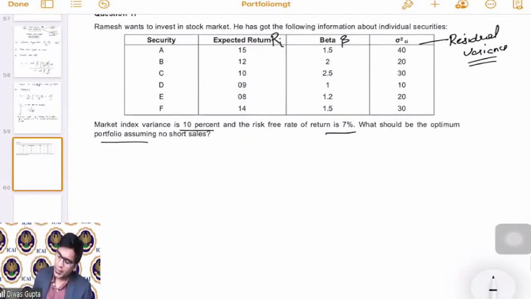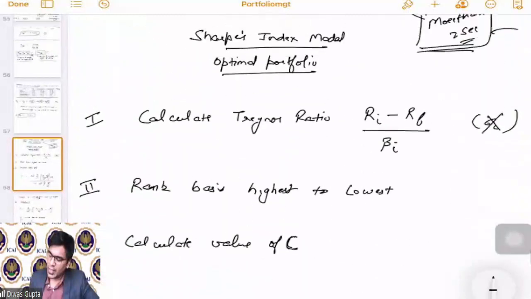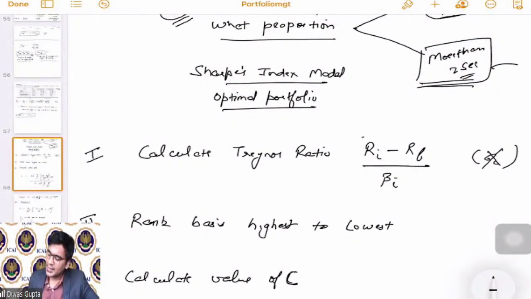So for more than two securities, we will apply the Sharpe's index model to calculate the optimum portfolio. Now, what is the first step? The first step is to calculate the excess return of a security over beta.